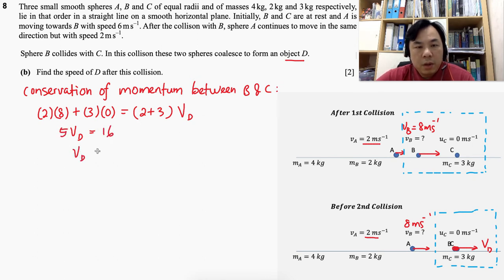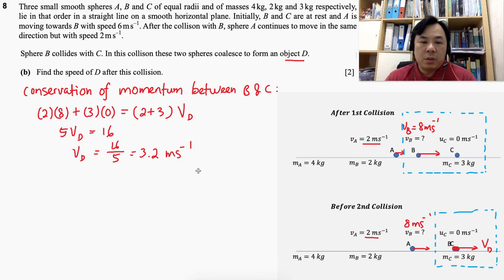So the speed of D after the collision will be 16 divided by 5, which is 3.2 meter per second. I hope that is clear for this section. I'm going to move on to the last section for this question shortly.